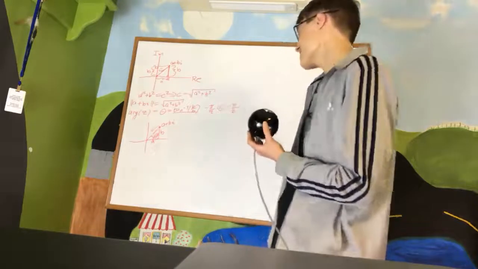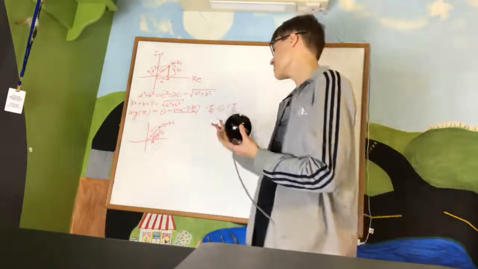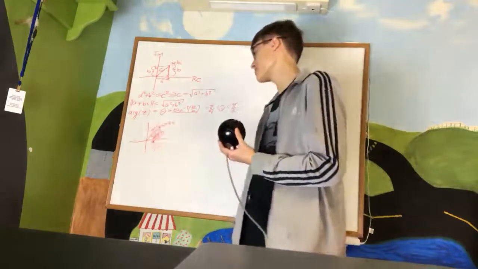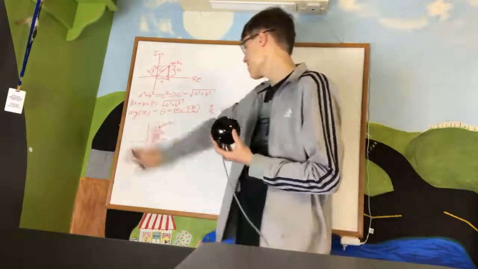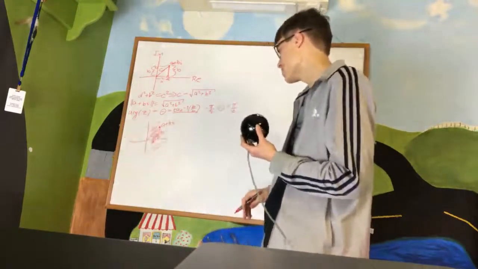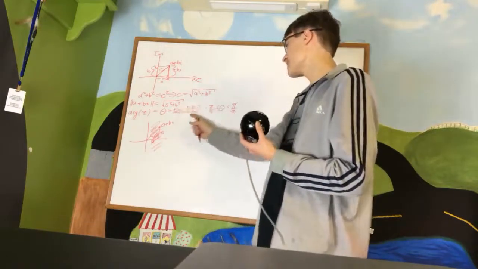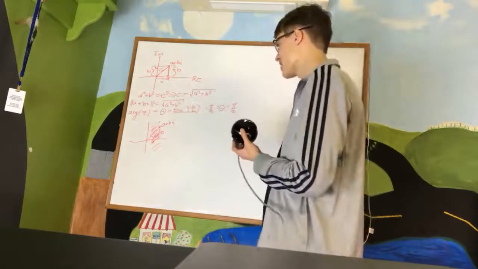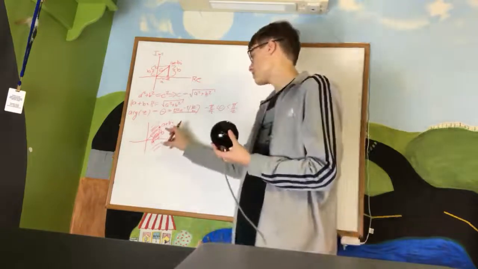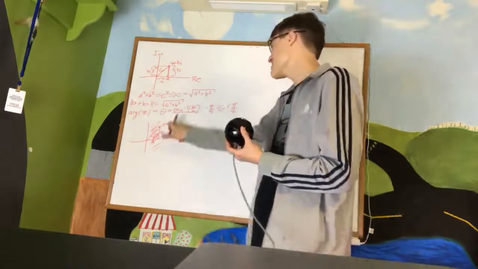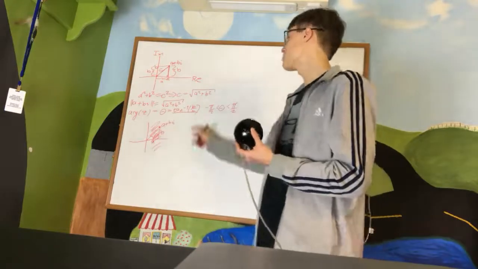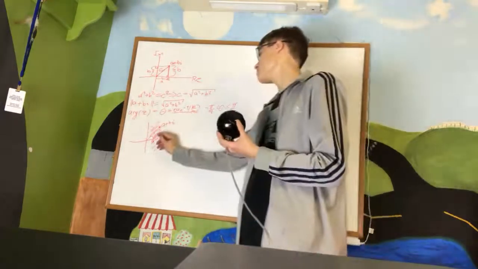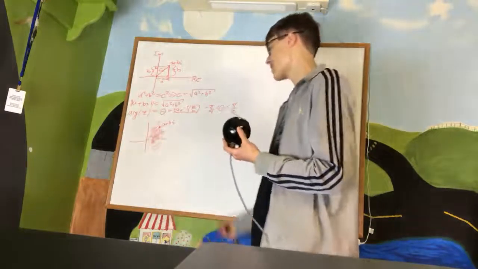Which means that it's only the positive half of this complex plane. Now, to get the negative half, you have to do tangent inverse of b over a plus pi over 2. So when b is negative, you have to add pi over 2 right there, to get it into the correct quadrant.